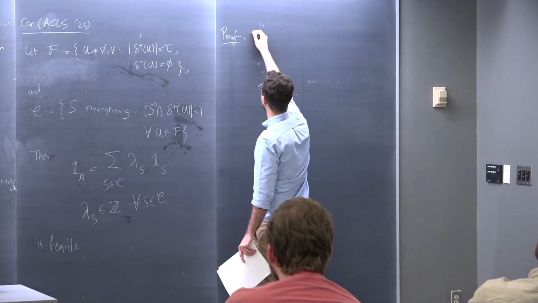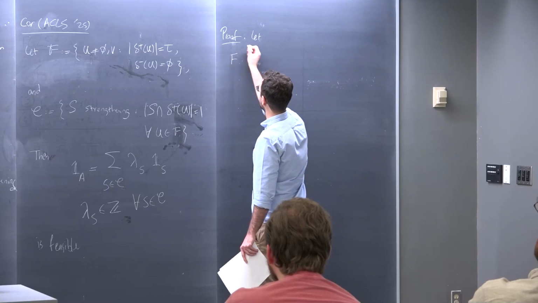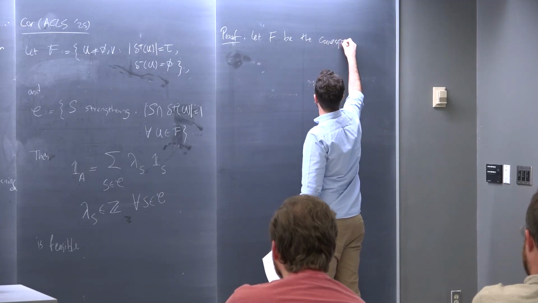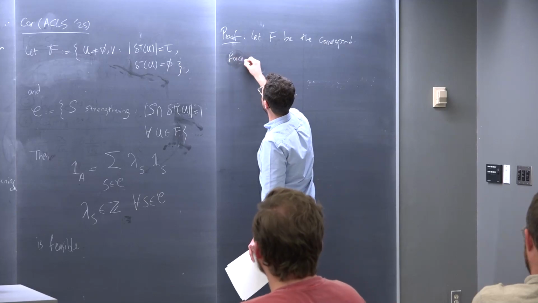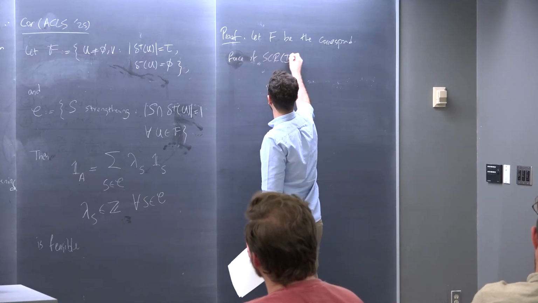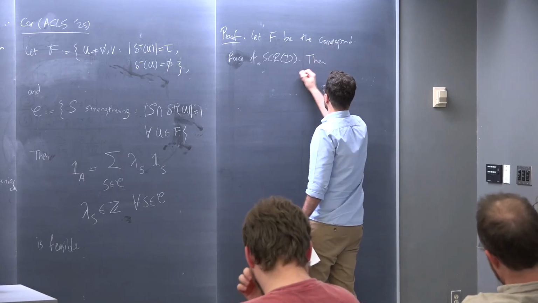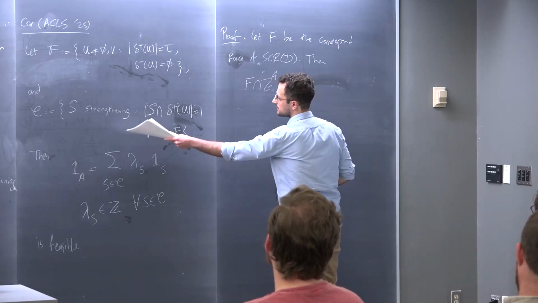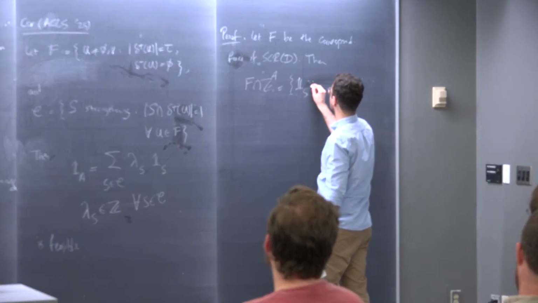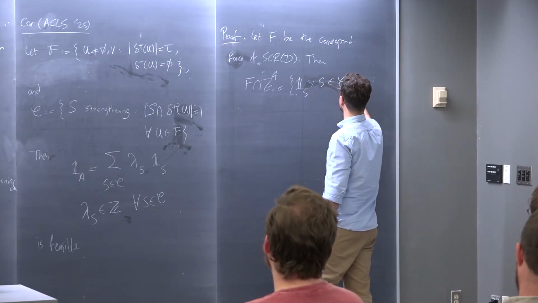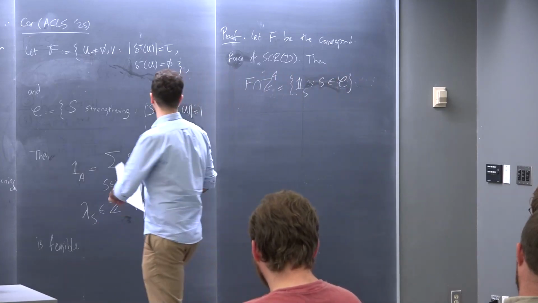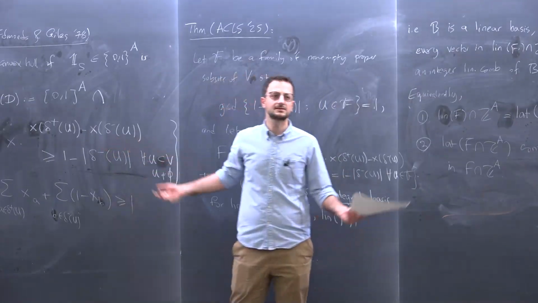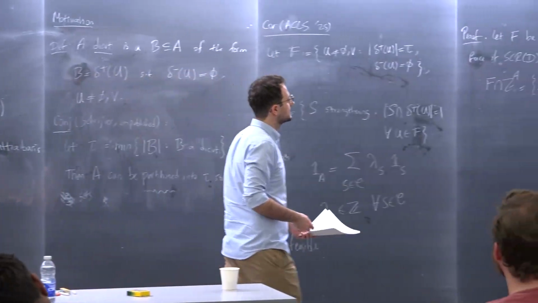So let F be the corresponding face of the SCR polytope. Okay, then the key thing here is F intersect Z^A is precisely the incidence vectors of these strengthening sets. The intersection being 1 means that after flipping the arcs, you have exactly one outgoing arc, basically. That's what's going on there. So this is the case.